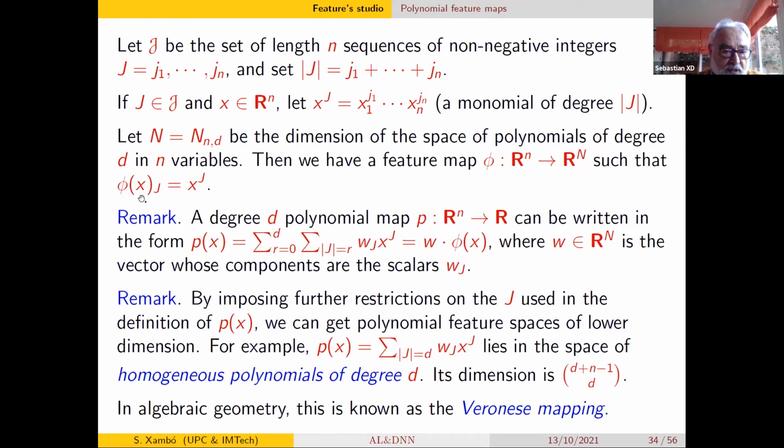The jth coordinate of phi of x is x to the J. Well, a degree D polynomial map defined in Rn can be written in the form of a sum from 0 to D of the homogeneous part of degree R, for any R. So it will be a coefficient Wj affecting X upper J. Formally, this is W dot product phi of X. It can be expressed in this form, okay?